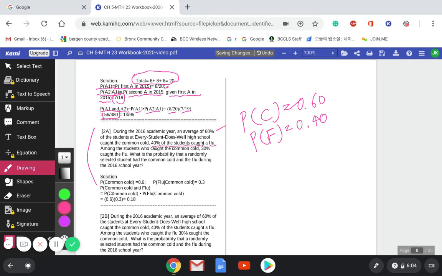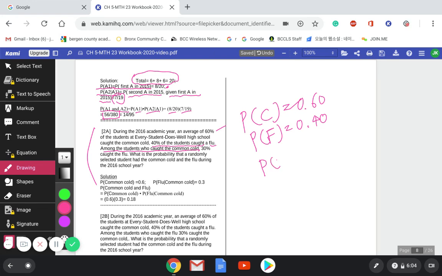Now they have another piece of information. They said among the students who caught a common cold, 30% got flu. But that 30% is only for those who had a common cold and then got the flu.